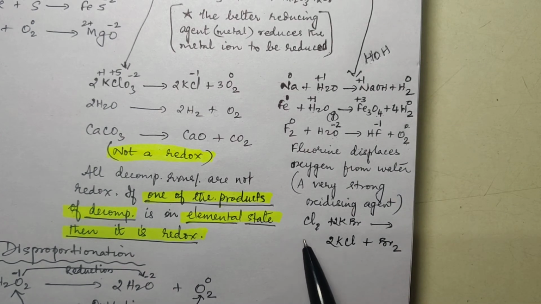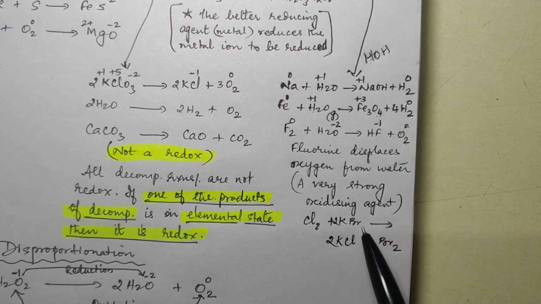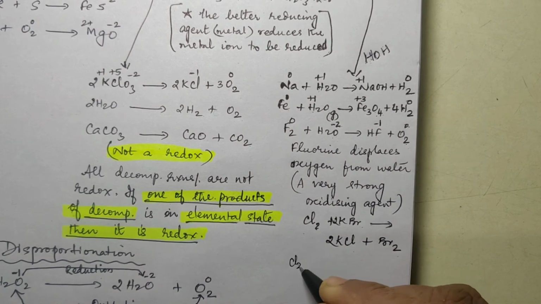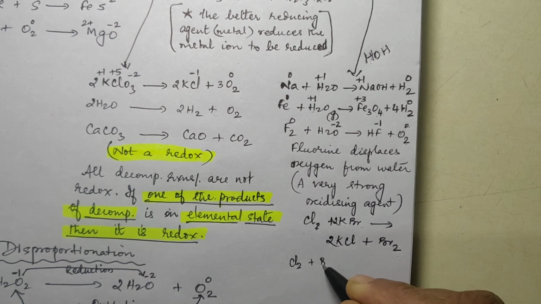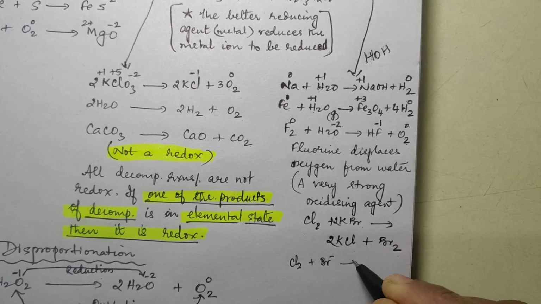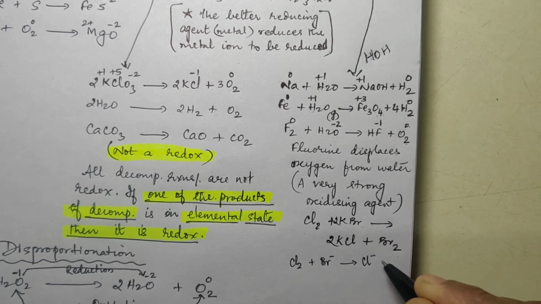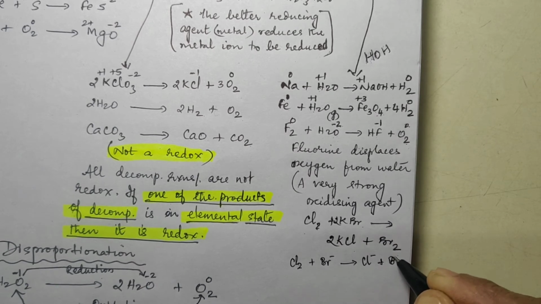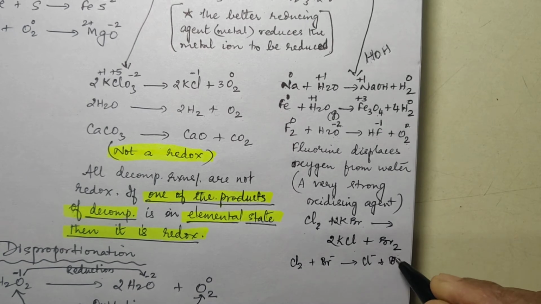Same way you can give Cl2 plus KBr gives you KCl plus Br2. Now here what is happening? Cl2 is reacting with Br minus and converting it into Br2.